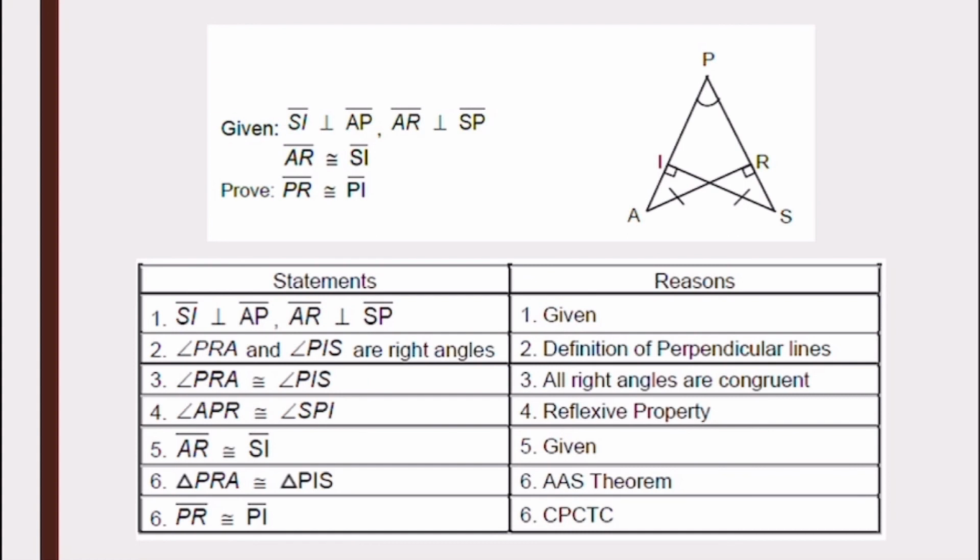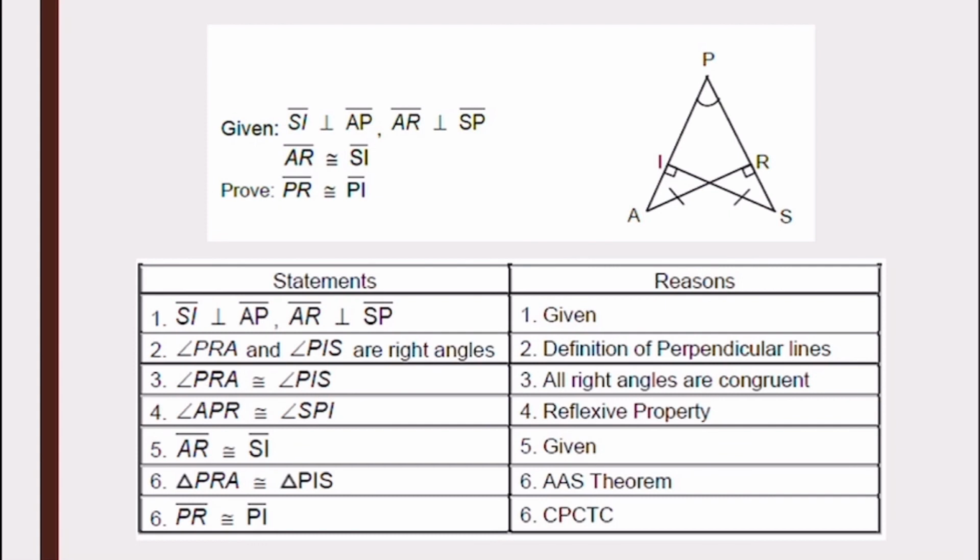For our first statement, we have line segment SI is perpendicular to line segment AP, and line segment AR is perpendicular to line segment SP. And our reason here is our given. For our second statement, we have angle PRA and angle PIS are right angles.